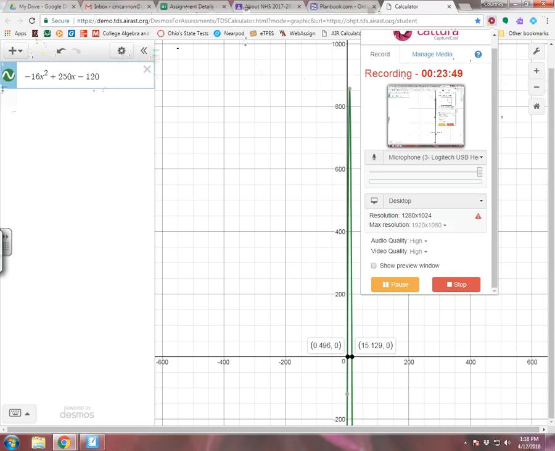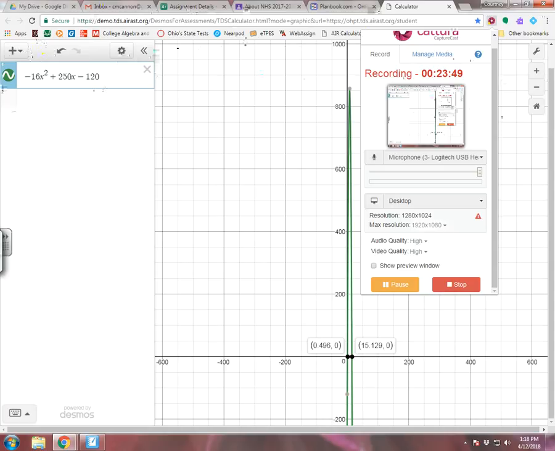How high is the rocket after 6 seconds? Good. So hopefully you just took that 6 and you plugged it in right there. Good. After how long is the rocket 260 feet high? Where did that 260 go then? For the y this time. Which means you probably had to then move that 260 over, right?